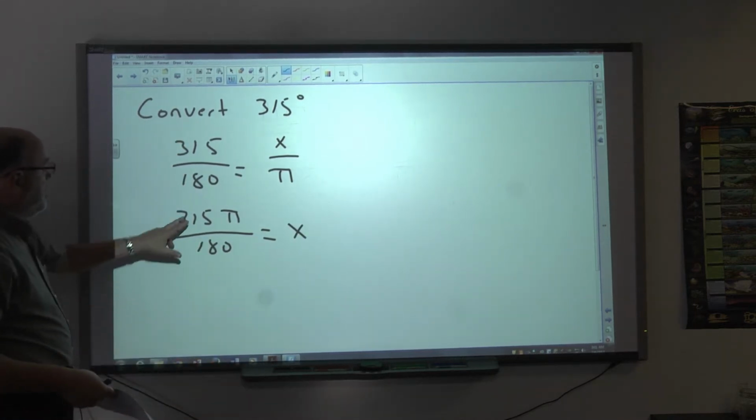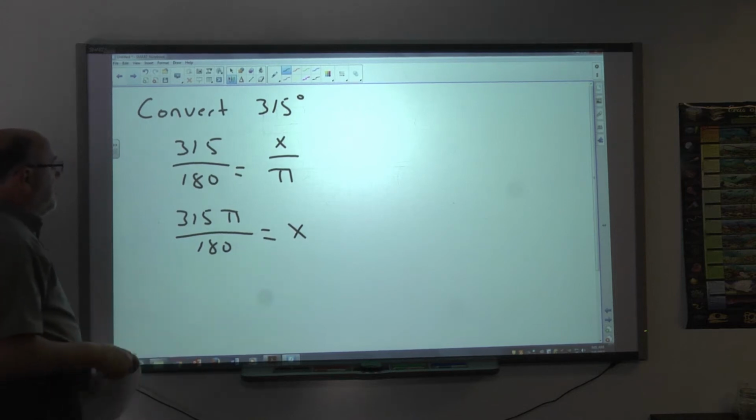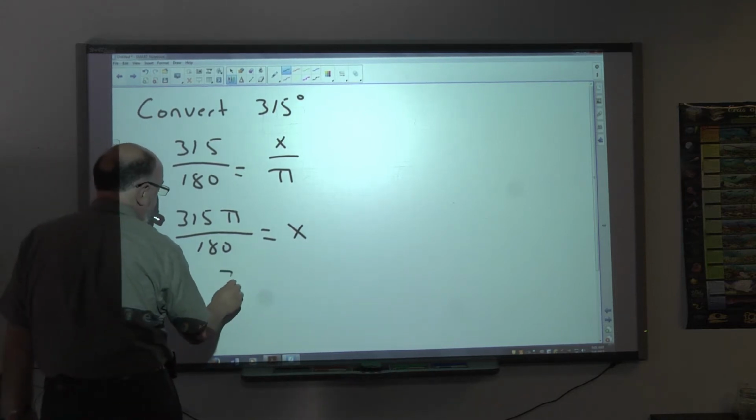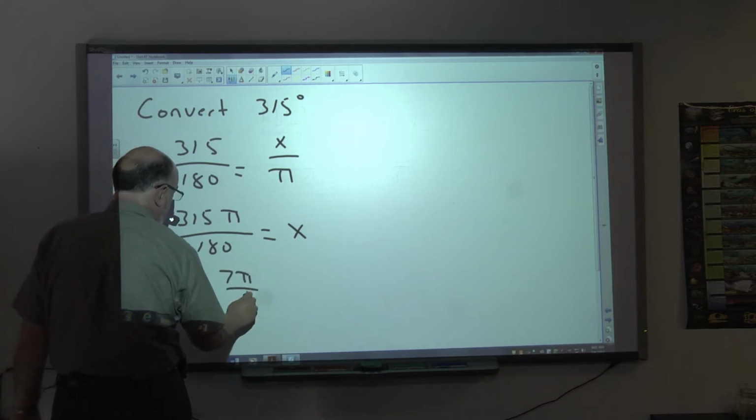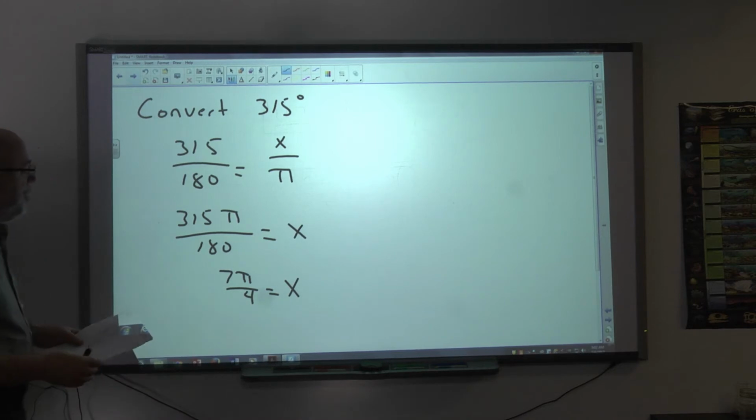And then we want to simplify this fractional part. And so when you do this, you will end up with 7 pi over 4. It ends up that 45 goes into both 315 and 180. So we get 7 pi over 4 radians.